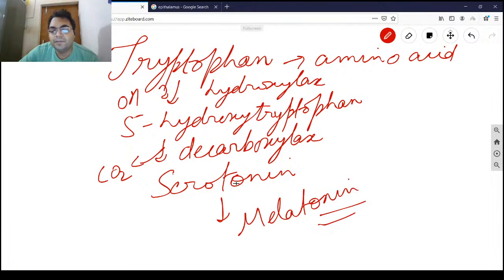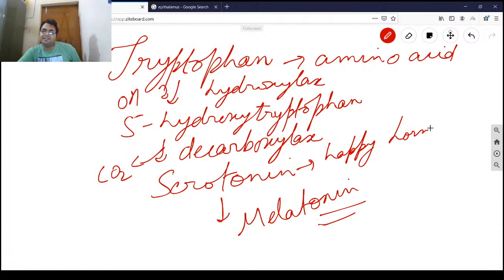These two biochemical reactions I'm not writing because the enzymes are too long to be explained, but you can see that an OH group is added, CO2 is removed, and you get this hormone. This is also known as a happy hormone. You might have heard of serotonin, which is also a neurotransmitter, a chemical released from the neurons.